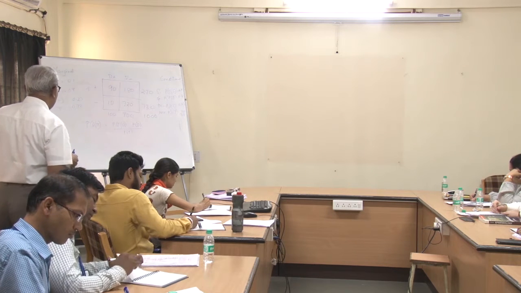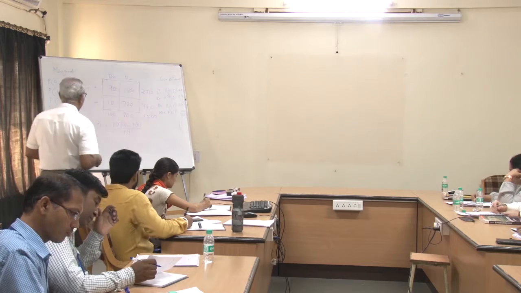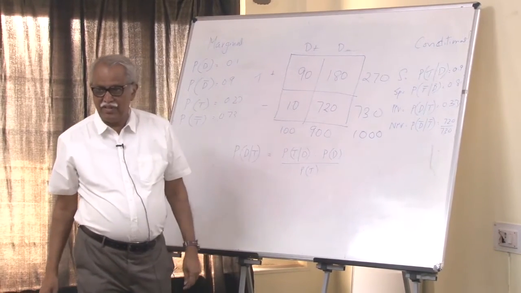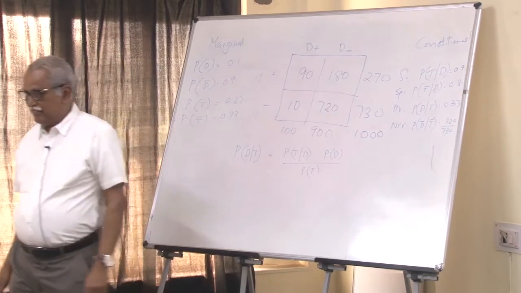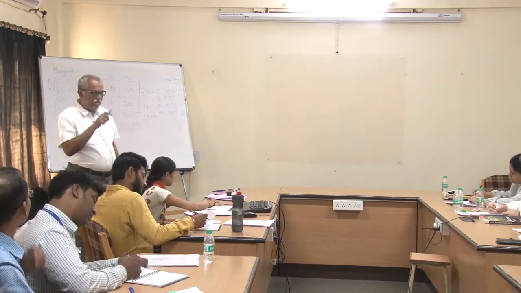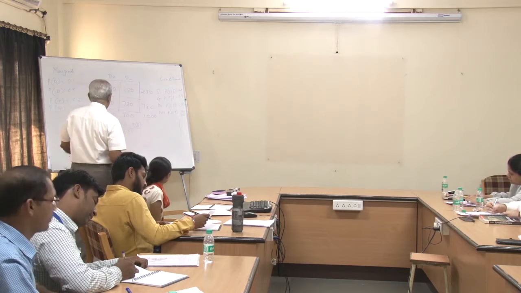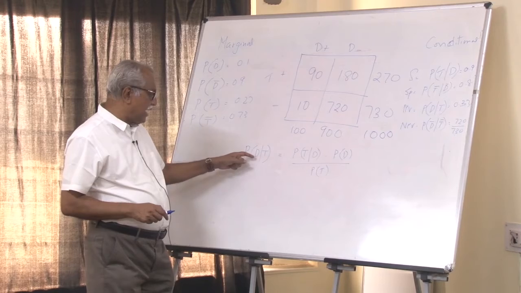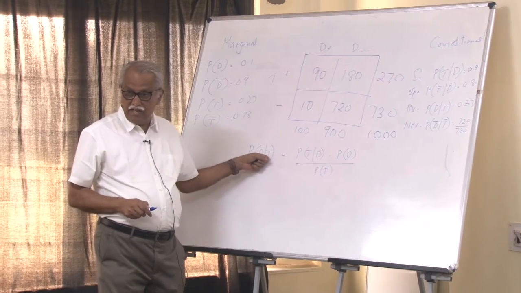And I suggest that you use these already calculated numbers to justify it. Or you can use your actual number. This is t, so you want to calculate d given t.